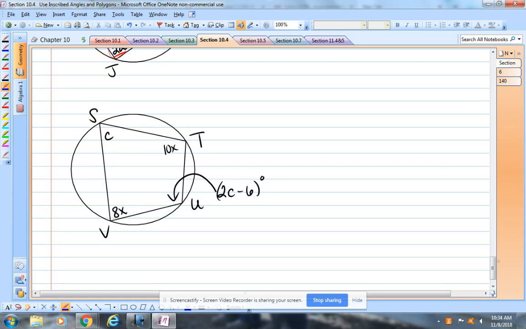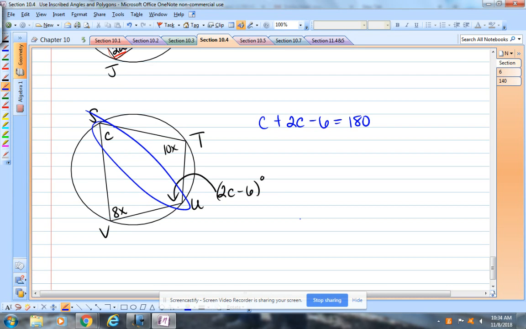Let's get the C's first. Get done with that one. Okay, so these two are opposites. And the measure of angle U down there is 2C minus 6. But together, those opposite angles will make how many degrees? So you can say C plus 2C minus 6 equals 180.